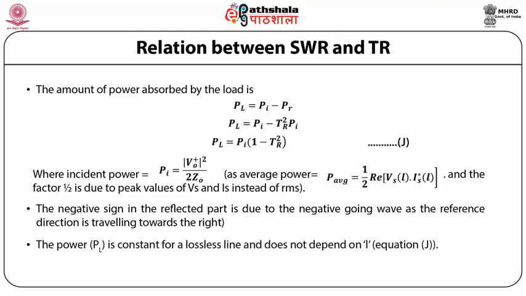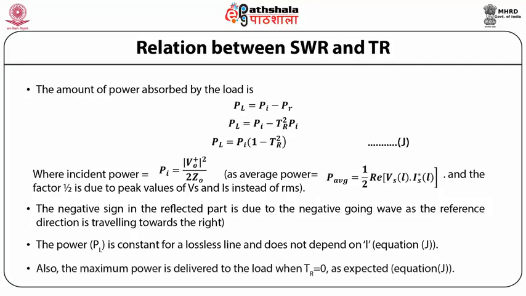So the power PL from the above equation is constant for a lossless line and does not depend on L. Also, the maximum power is delivered to the load when gamma R equal to 0.